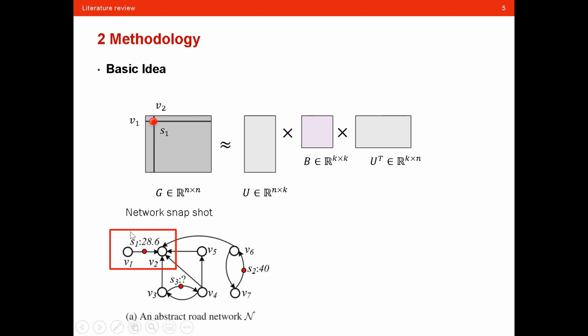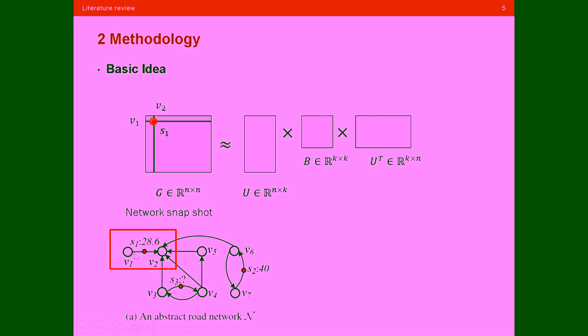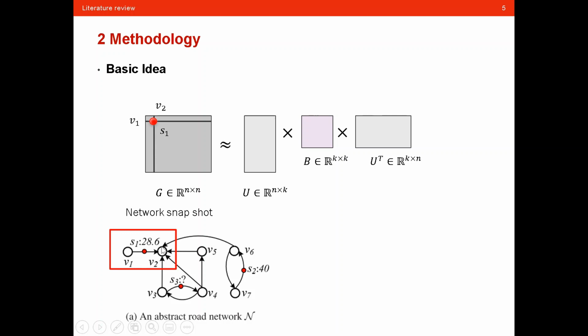For example, from node vertex 1 to node vertex 2, there may be a road segment, so there may be a record of this road, which means that from this node to this node there's a road segment, and the traffic speed of this road segment is 28.6. This is one element of this matrix, and that's what we call the network snapshot.